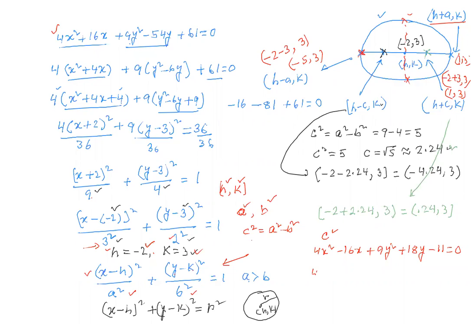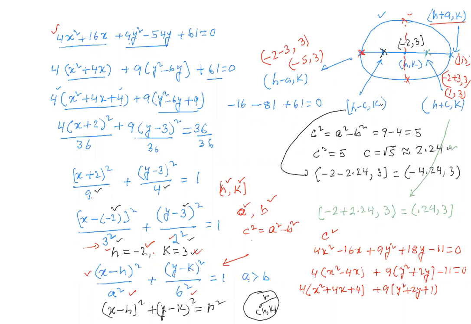If I factor out 4, it's going to be x squared minus 4x plus, if I factor out 9, it's going to be y squared plus 2y, minus 11 is equal to 0. I could write it as 4 times x squared plus 4x plus 4 plus 9 times y squared plus 2y plus 1.